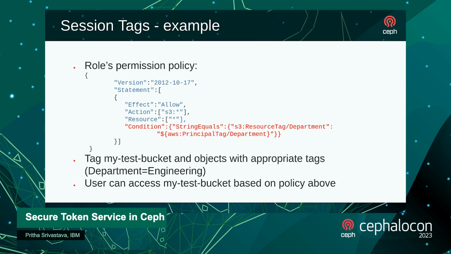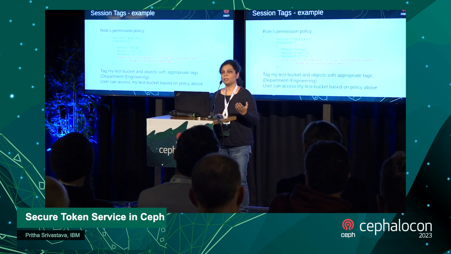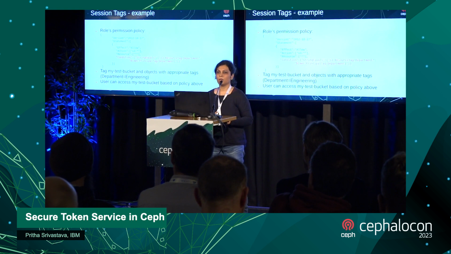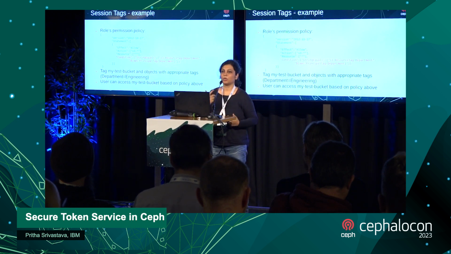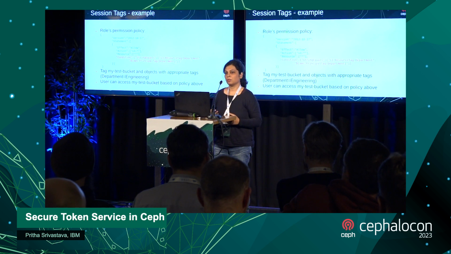So if we have a bucket, my test bucket, and we tag it appropriately, set the tag department to engineering, then this condition also gets satisfied, and the user will be allowed to access that bucket according to the policy that has been defined here. So in this way, we can tag different buckets and different users and then match them according to such a policy, and have those users access the buckets based on a generic permission set like this.